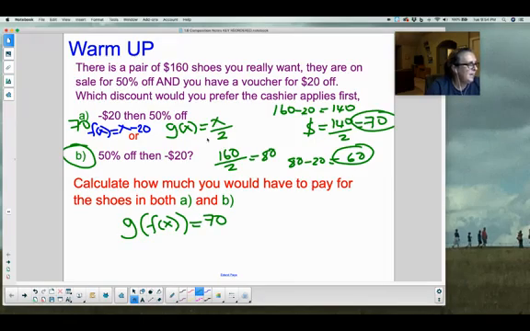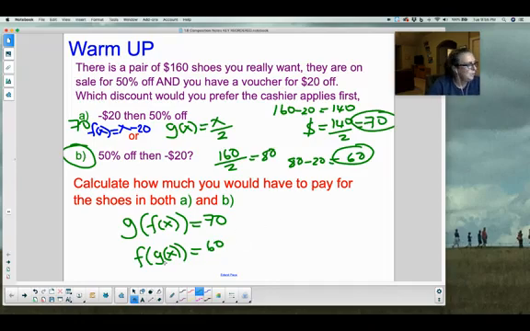We do the inside first, then we do what's on the outside. And if we did it the other way around, finishing with f, taking $20 off, and the first thing we did was take 50% of our costs, we ended up only paying $60.